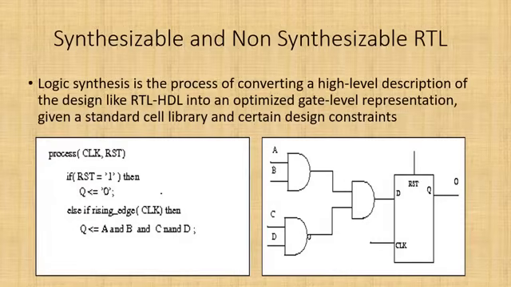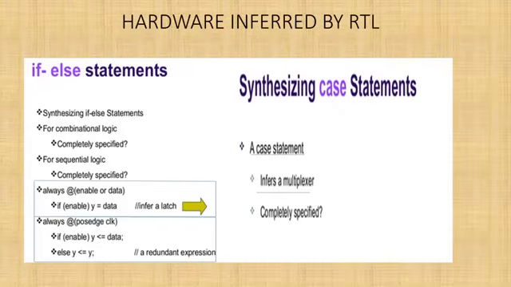Now, during synthesis, any sort of code is actually getting converted in terms of hardware. To understand what code gets converted into what sort of hardware after synthesis: when we use always statements with a sensitivity list having enable signals or data signals, with only if statements, it infers a latch.